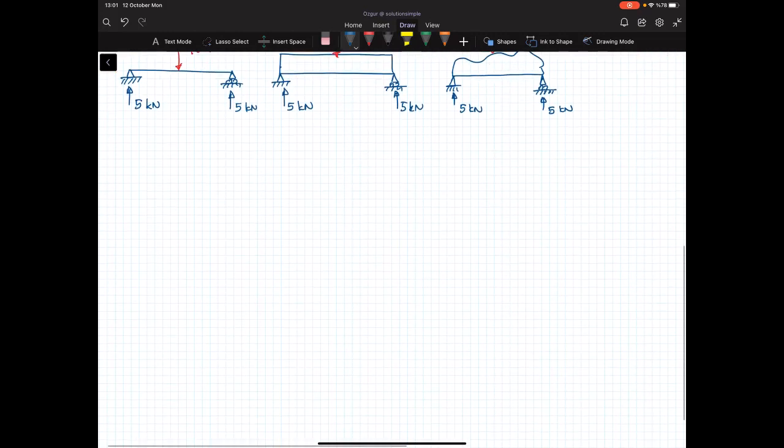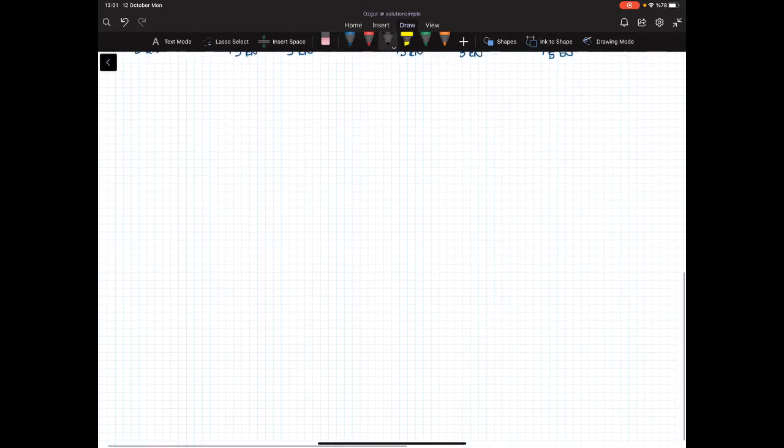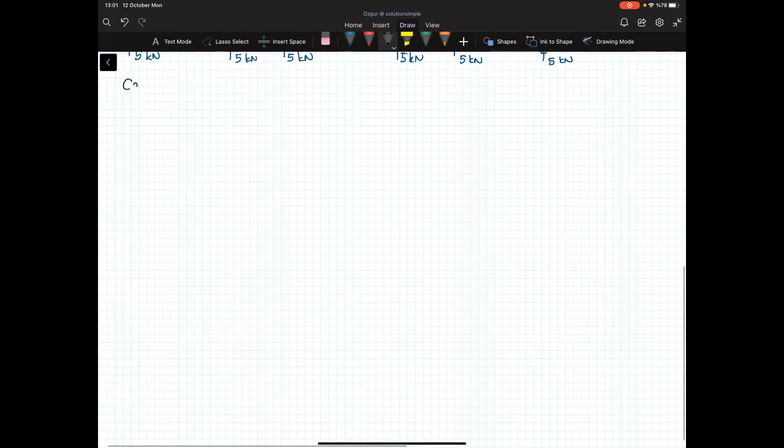Now, let's add another span. Now let's consider a continuous beam. All right, so I have a roller support here, and I add another span, another roller support.